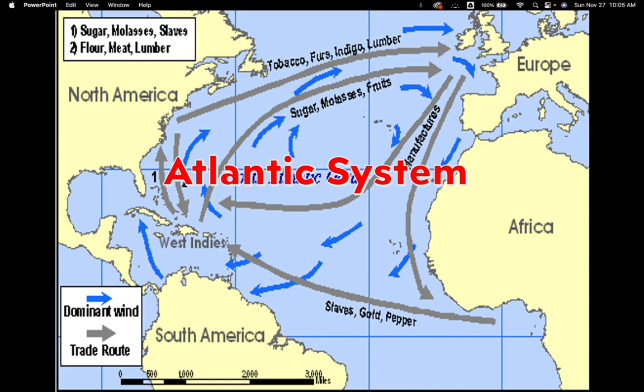The next system is a new system. This is the Atlantic system, and this is a trading network that moved goods, wealth, people, and culture across the Atlantic Ocean. And it connected Europe, West Africa, and the Americas in a trading system.